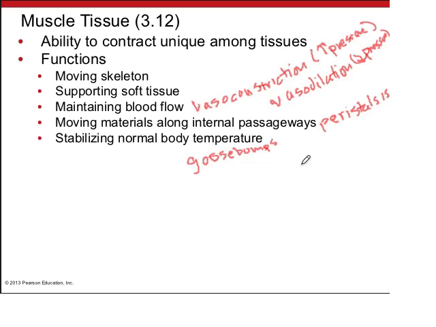In addition, it engages in shivering when we get cold, which turns chemical energy into heat. So we'll say generates heat. Okay? So all kinds of interesting things muscle tissue can do.